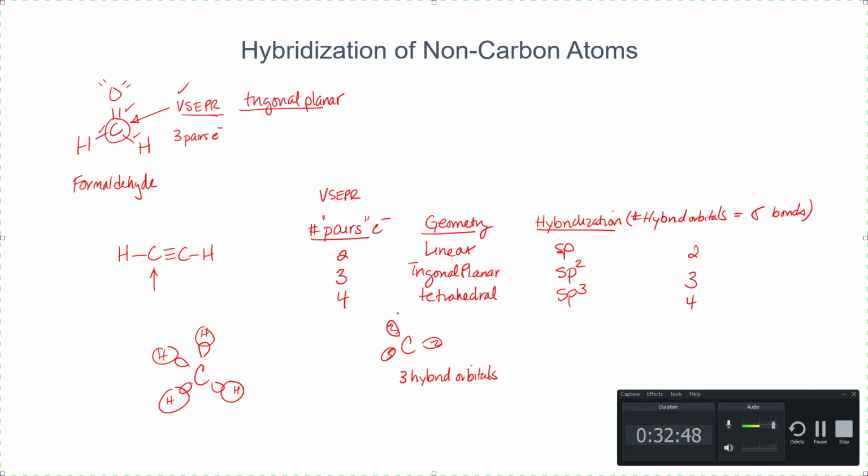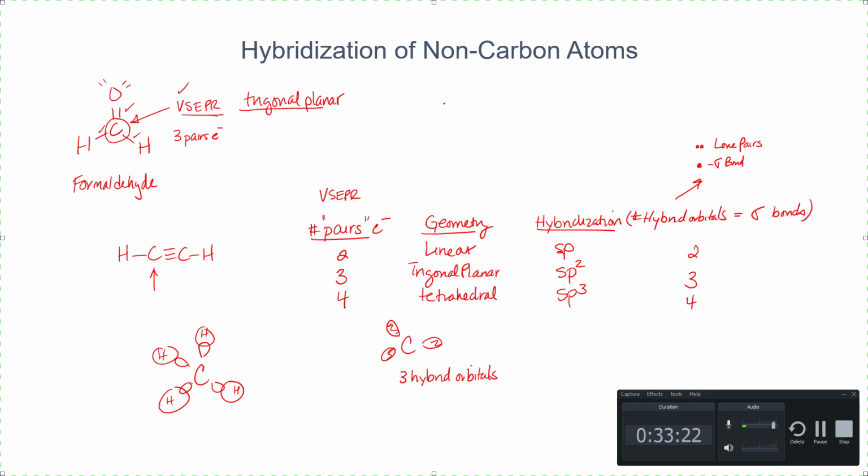The only thing I need to add to this chart is that the only thing that can go into a hybrid orbital is either an unpaired electron that is used to form a sigma bond, or also what can go into a hybrid orbital are the lone pairs. So lone pairs can only go into the hybrid orbitals.